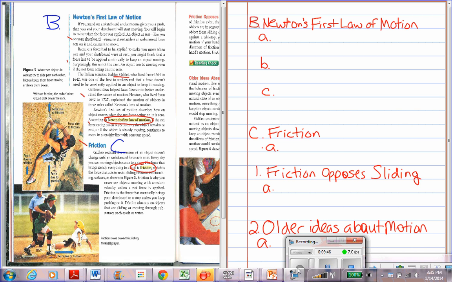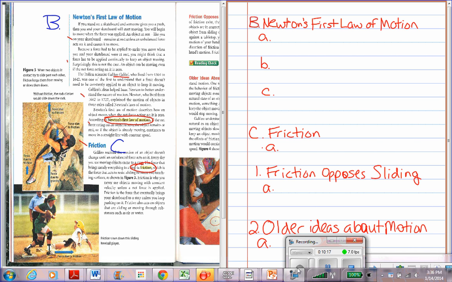The Italian scientist Galileo Galilei, who lived from 1564 to 1642, was one of the first to understand that a force doesn't need to be constantly applied to an object to keep it moving. Galileo's ideas helped Isaac Newton to better understand the nature of motion. Newton, who lived from 1642 to 1727, explained the motion of objects in 3 rules called Newton's laws of motion.